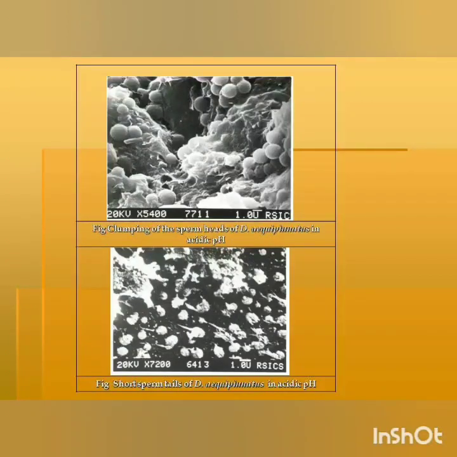This is the micrograph showing the short sperm head of D. equipinnatus in acidic pH.